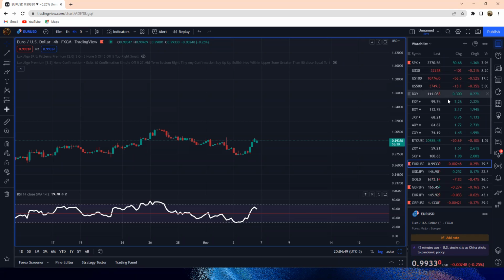If we see some indicators that the dollar is continuously gaining strength and the markets are red, it's good for sells for the Euro USD. But if the market is green and the dollar is red, we're looking at basically buys for the Euro USD. And that's pretty much where we're trending right now for Euro USD, which is bullish.